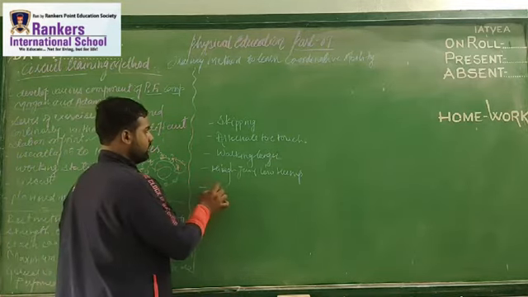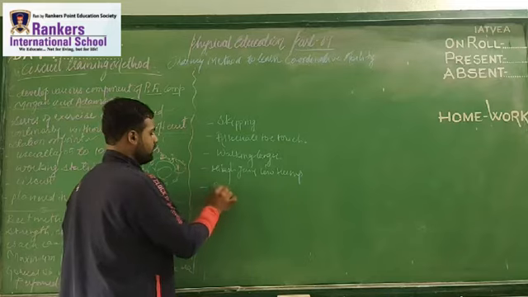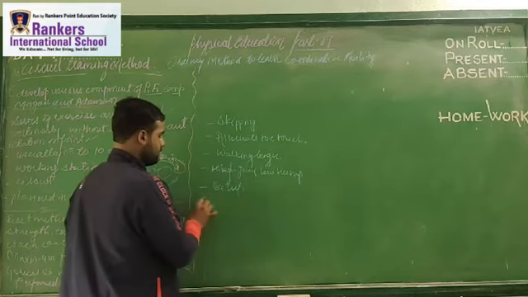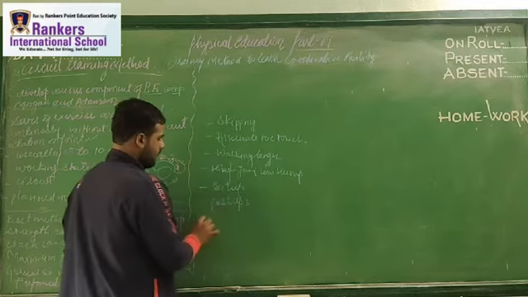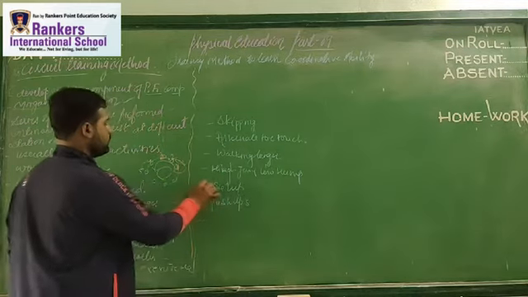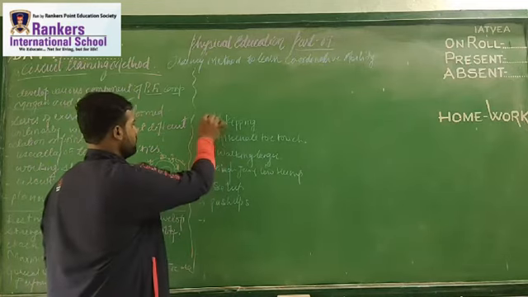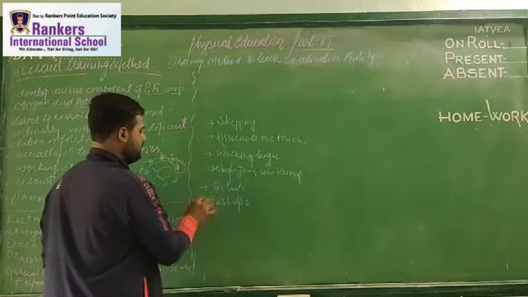Next, skipping we have done. So crunches, that is sit-ups, push-ups. After push-ups, what will we do? Okay, so it's 1, 2, 3, 4, 5, 6.